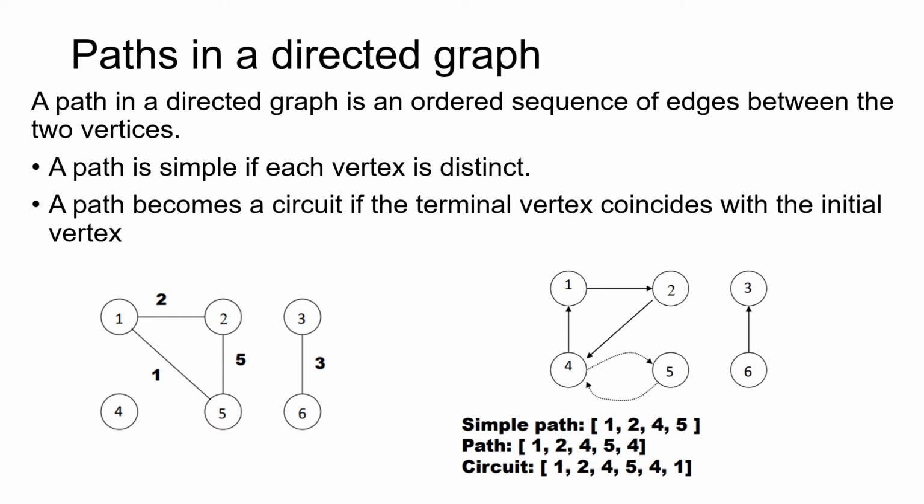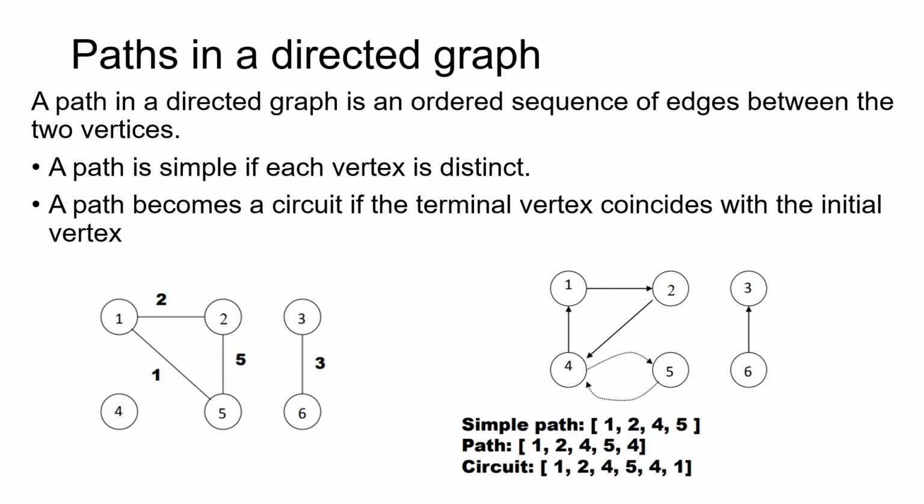Consider the example of the path existing between 1 and 4. The set of vertices in the path are 1, 2, 4, 5, 4. We can see that the vertex 4 is repeated and it is not distinct. Consider the path existing between 1 and 5.